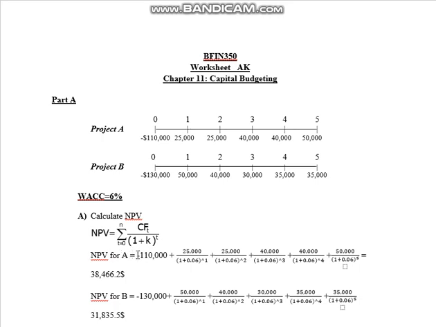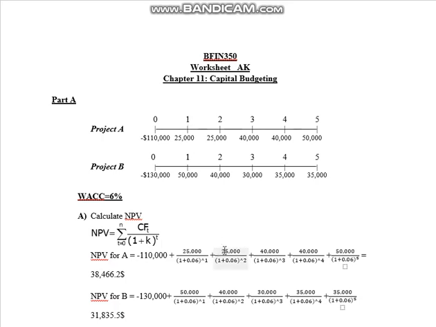project A, we start with -110,000, which is the initial investment for project A, plus the cash flows of project A, which are 25,000 for year 1, discounted at 1 plus the weighted average cost of capital, which is 0.06, to the power 1, which is the year of the first cash flow.